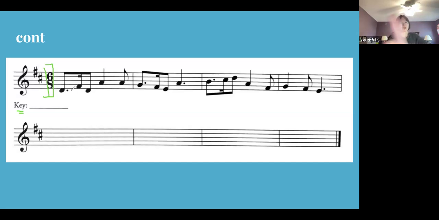Okay, so first off, what key? You have two options, the major or minor key. E major? Not quite.